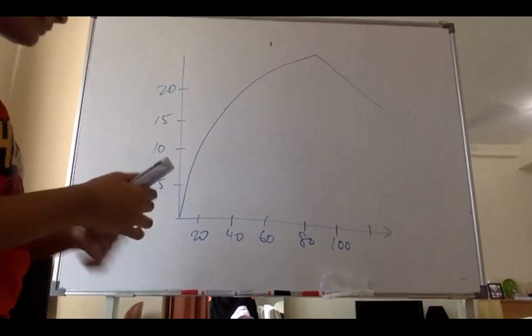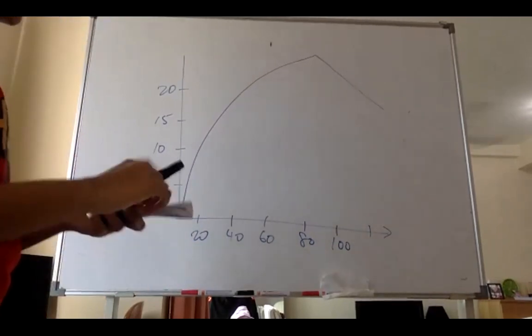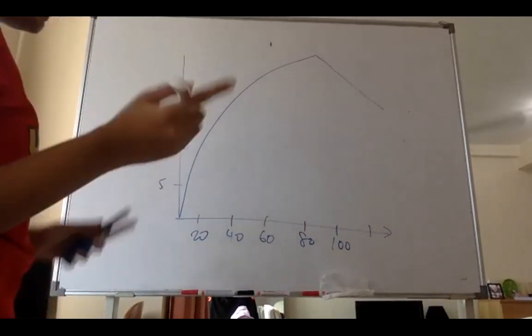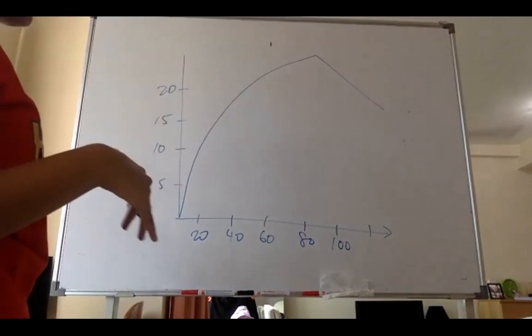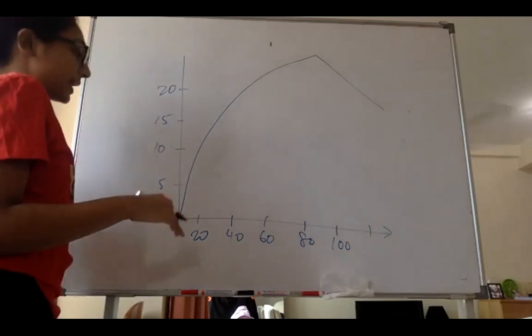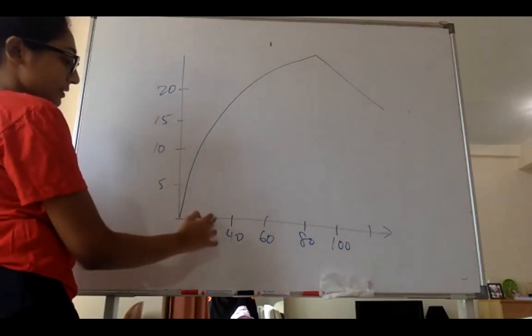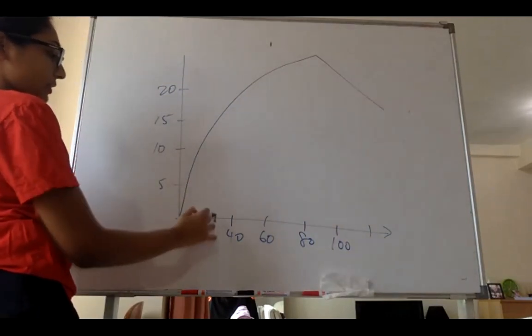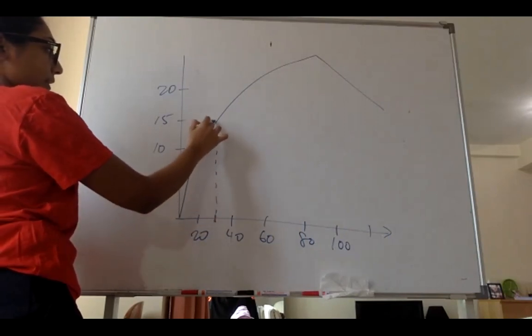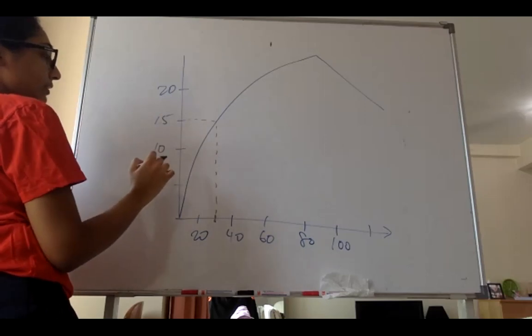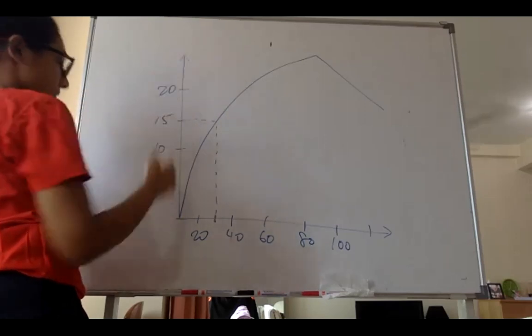Basically it says at time 30. They're asking what is the acceleration, and just now Rohindra said acceleration is total speed over total time. So at time 30, 30 is somewhere here between 20 and 40. What you want to do is go up and then see what the speed is.